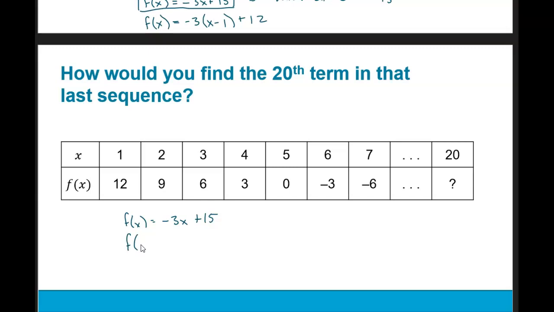Well, we can substitute in 20 for x. -3 times 20 plus 15 equals -60 plus 15, which is -45. So instead of having to add -3 a whole bunch more times and possibly lose track, we can just use the formula that we derived, or the function that we derived, in order to calculate f of 20.